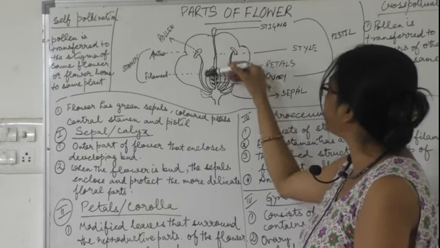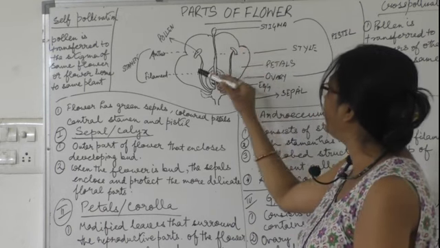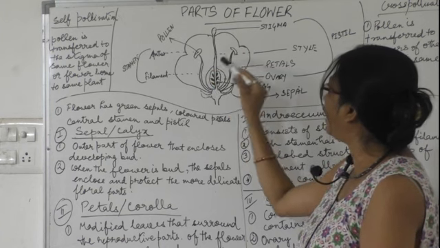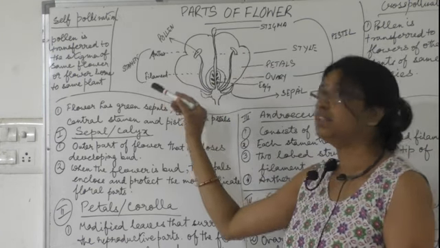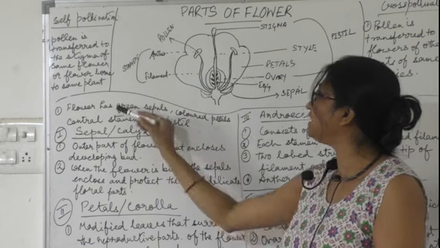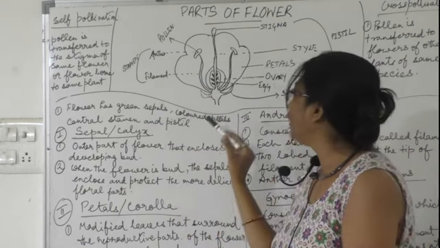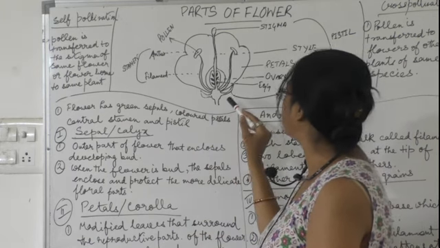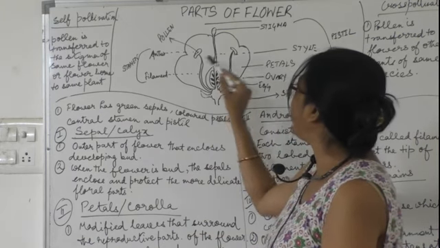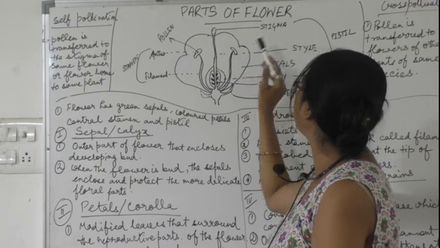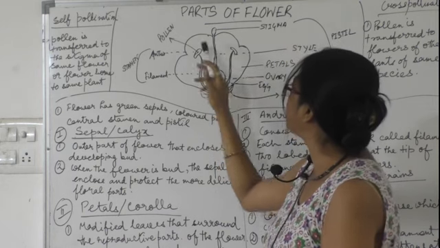This is pistil, this whole portion is pistil, and these two are stamen. So these are the four main parts of flower. What are they? Green sepals, colored petals, centrally located pistil and stamen.